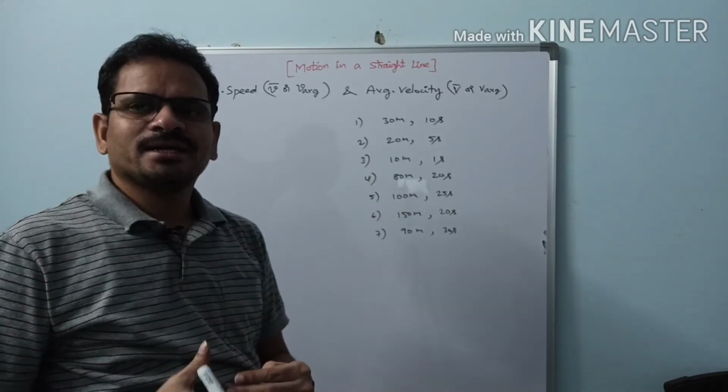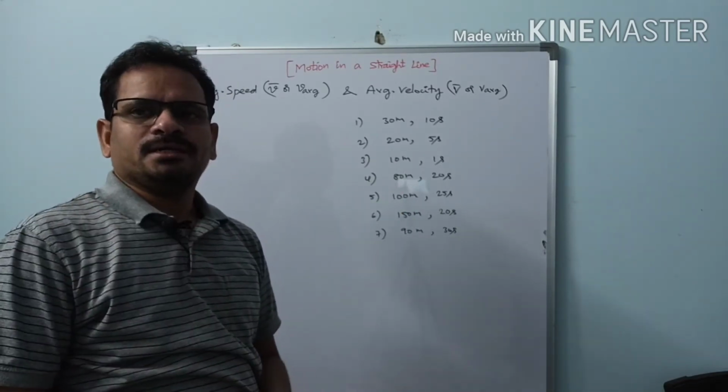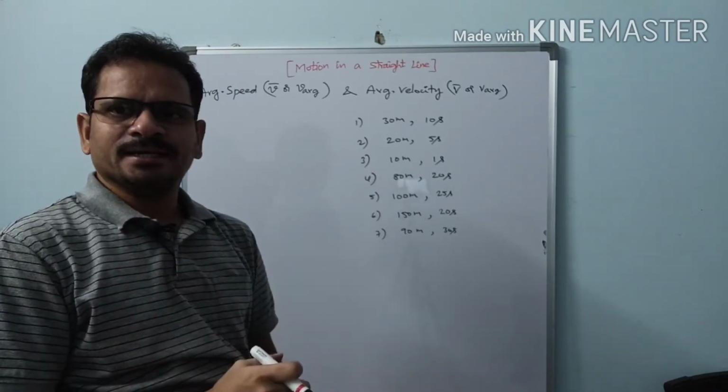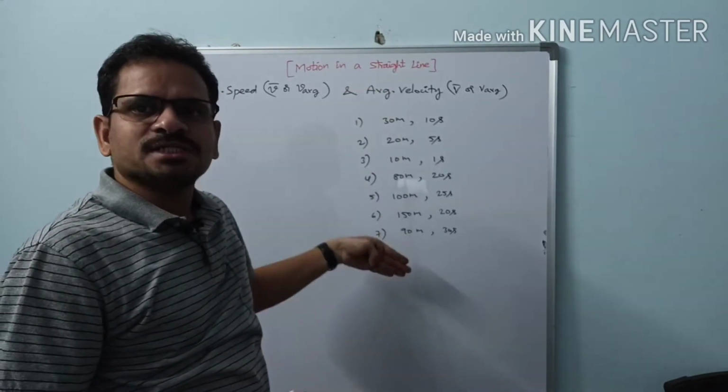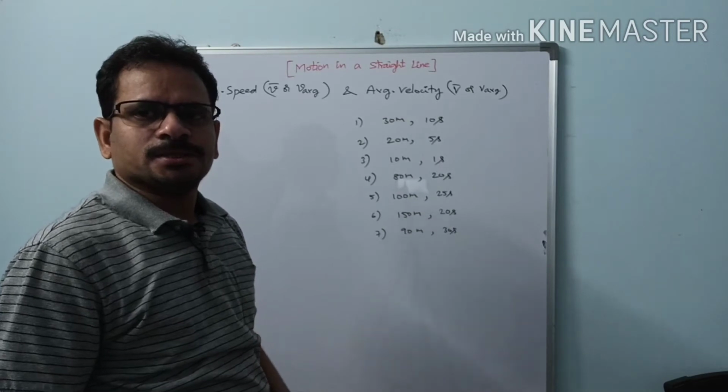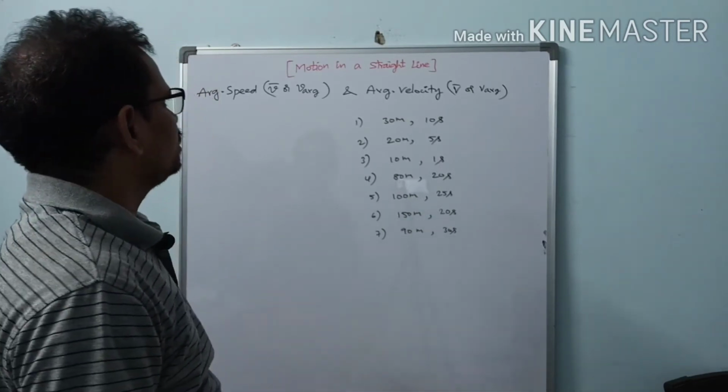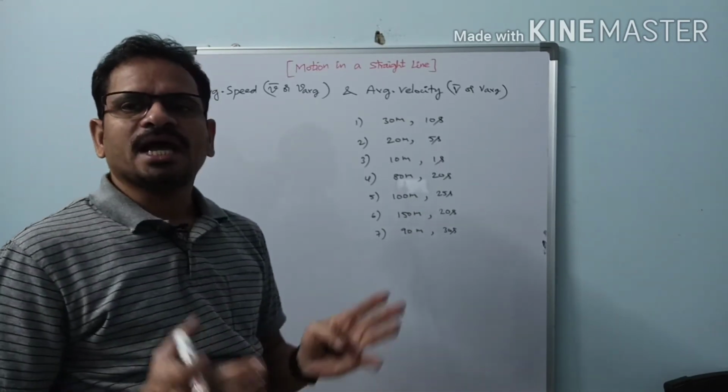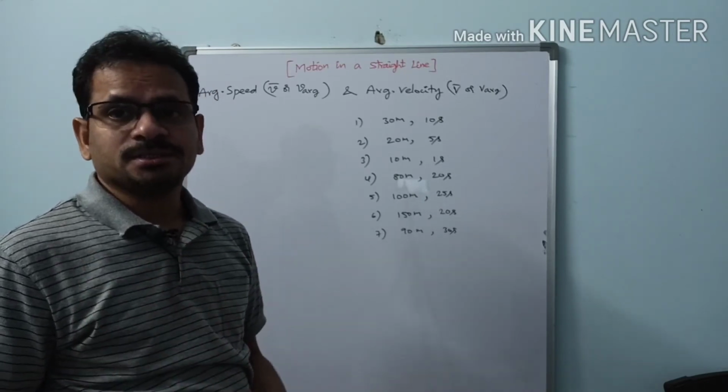So we do require one physical quantity which immediately gives us an idea of which one is faster and which one is slower. That physical quantity is average speed or average velocity.